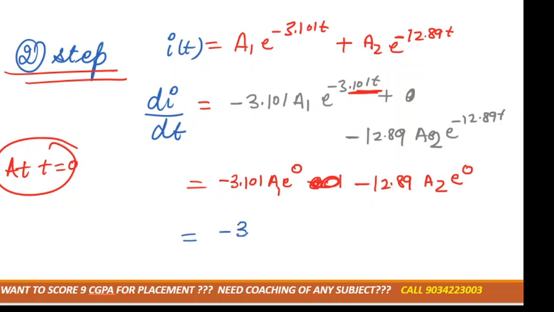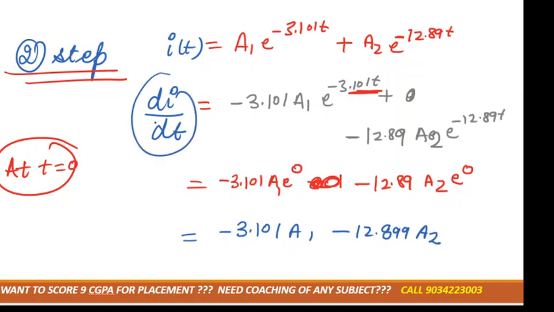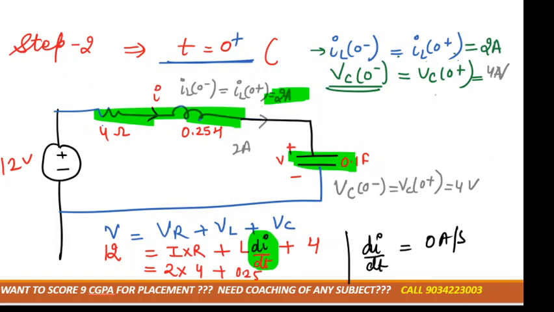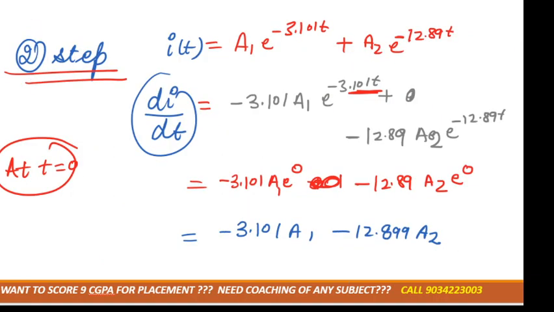So that would be minus 3.101 A1 minus 12.899 A2. Di by dt we already calculated above. In this case that is 0 ampere per second. So di by dt is 0.